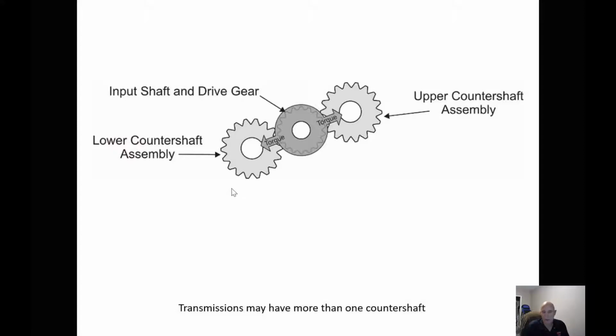Now again, when we're taking a look at a twin countershaft transmission, we have the two drive gears, or two countershaft gears, and our input gear that really, again, it floats in between, so it's just distributing the load evenly between the two.